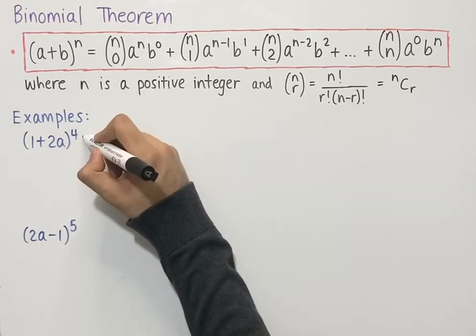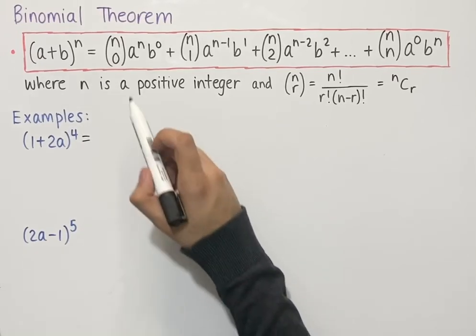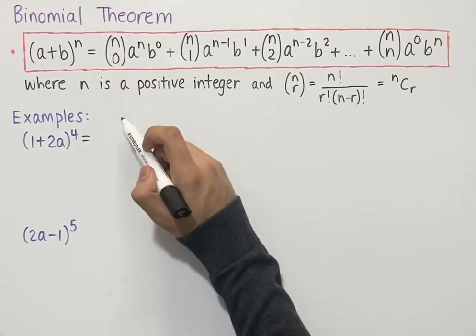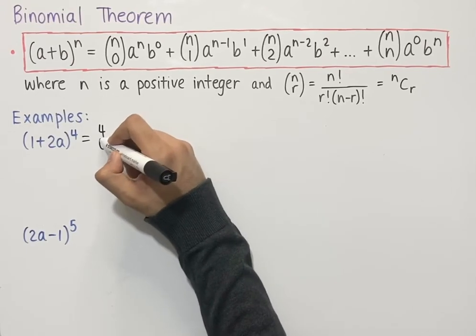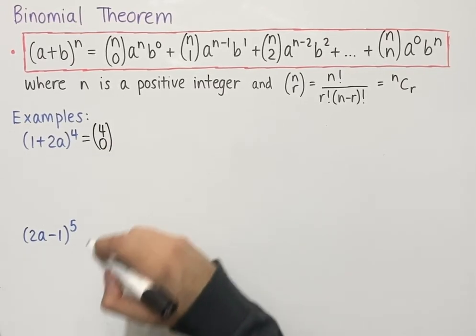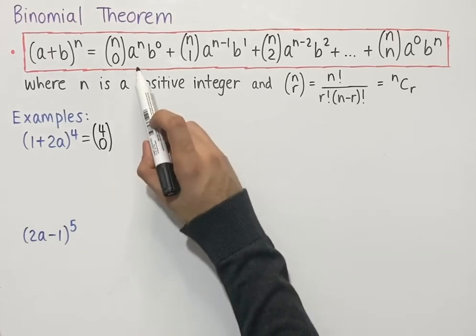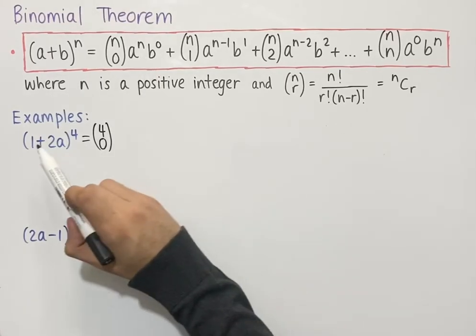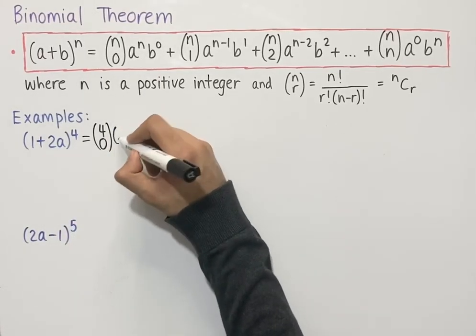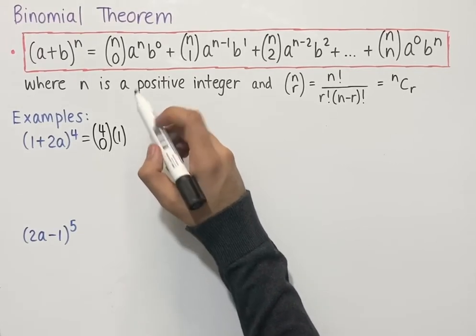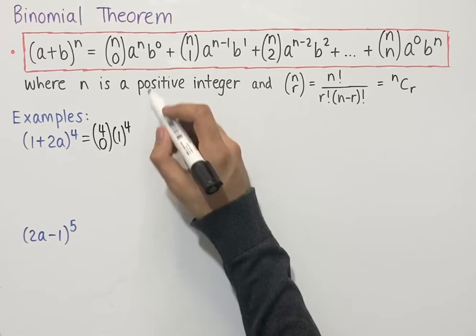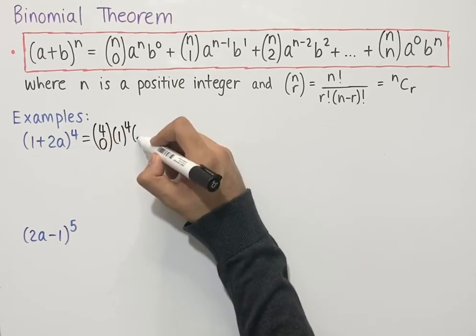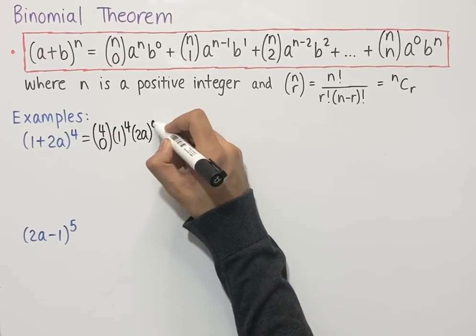We do this in the following way. We have our first term, which is n choose 0, and in this case n is 4, so we have 4 choose 0, multiplied by a to the power of n. In this case our a is 1, and our power is 4, multiplied by b to the power of 0, where our b is 2a, and we raise this to the power of 0.